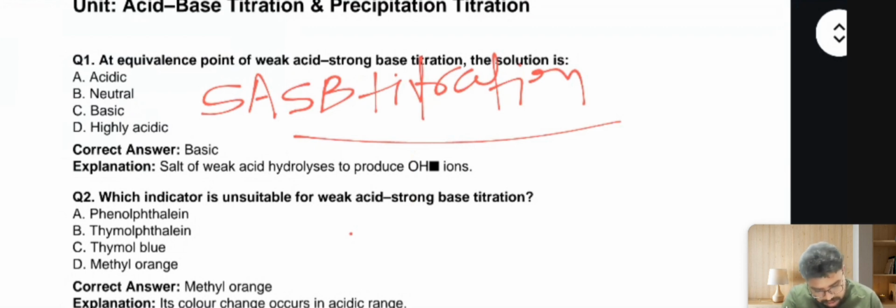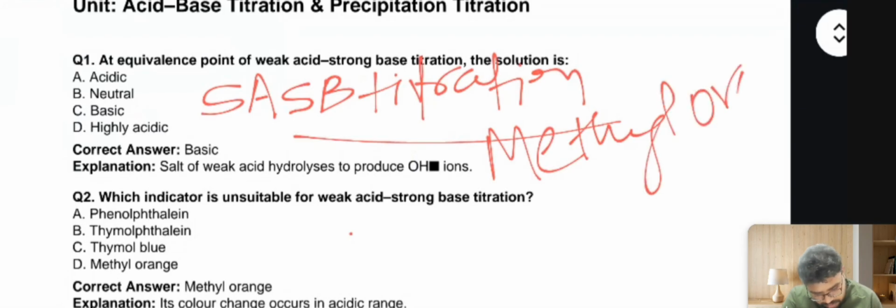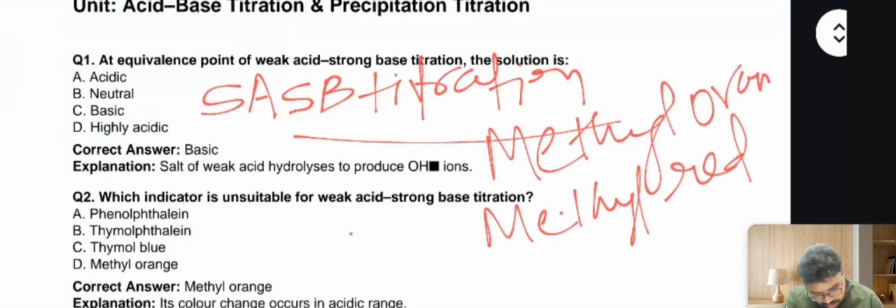First one is methyl orange. Second is methyl red. Phenolphthalein.